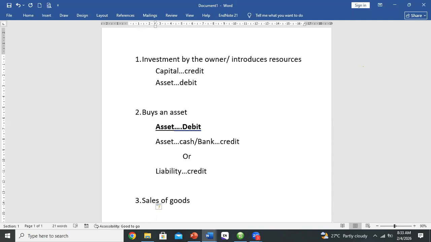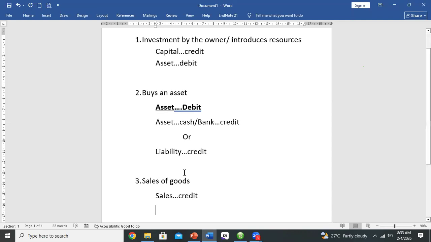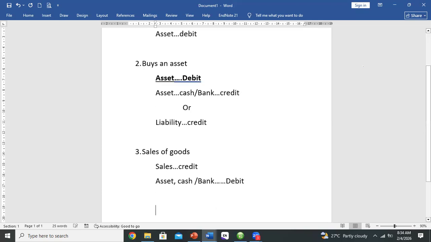So you credit your sales, and then you debit the asset, cash or bank, if you received cash or check. Or if you didn't receive money, that's on credit, then you have another asset, which is a debtor. And that one too, you debit the debtor.